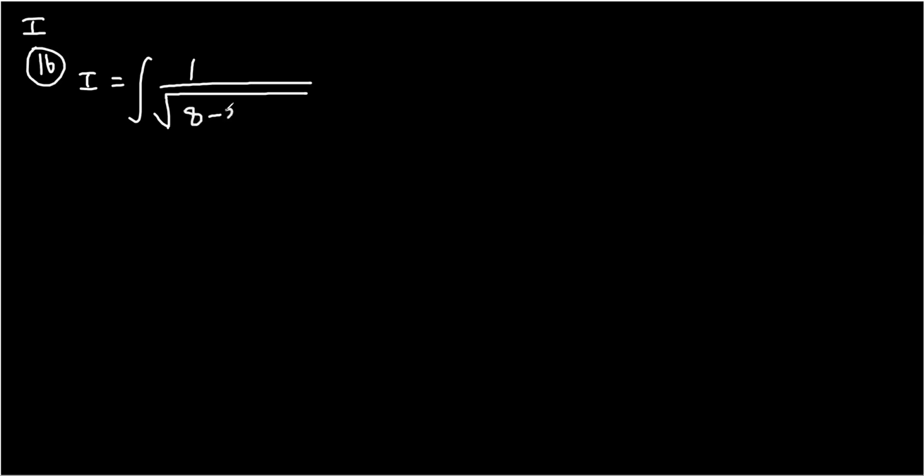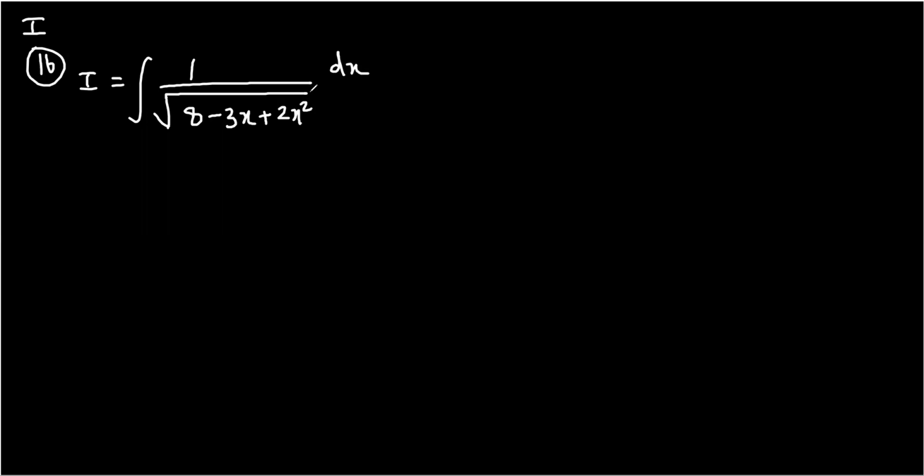So we have question number 16 from 1, and that is I equals 1 over square root of 8 minus 3x plus 2x square dx. So what is the method?